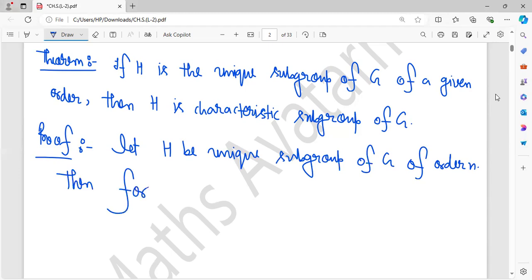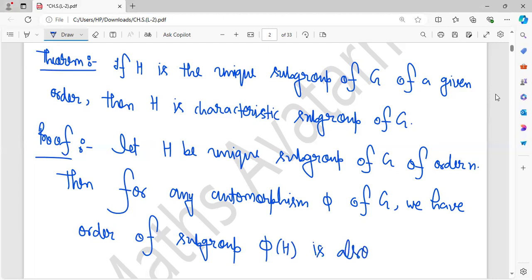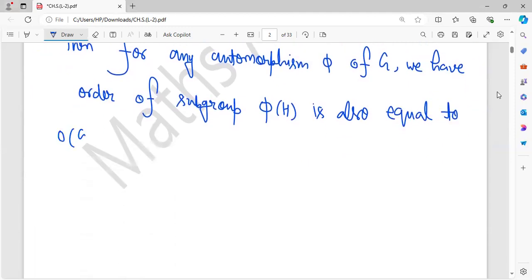Then for any isomorphism phi of G, we have the order of the subgroup phi(H) is also equal to the order of H, that is n.